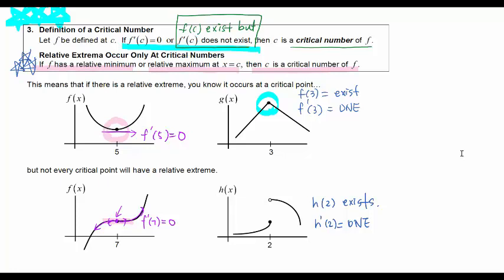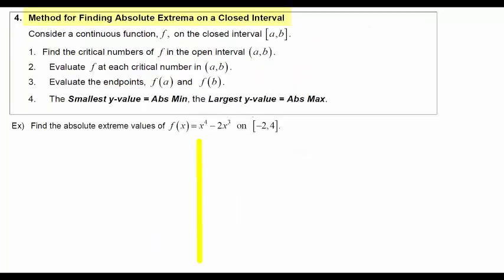So h prime of 2 does not exist. So 2 is a critical number since h of 2 exists but h prime of 2 does not exist. So 2 is a critical number, but I don't have any relative extrema there. So know that this theorem only goes in one direction.